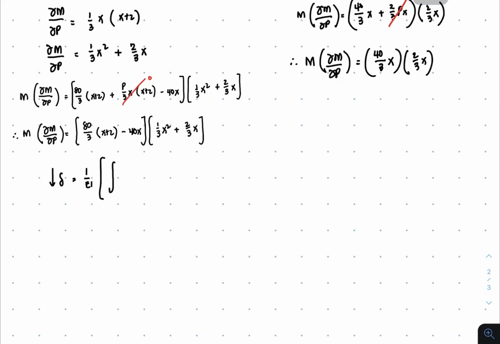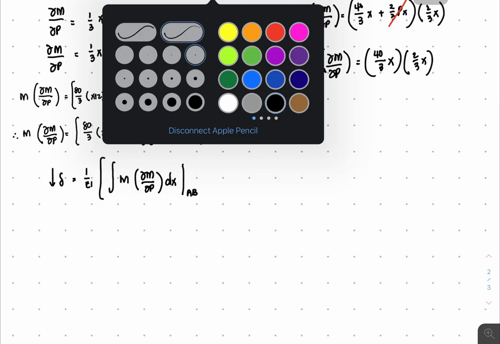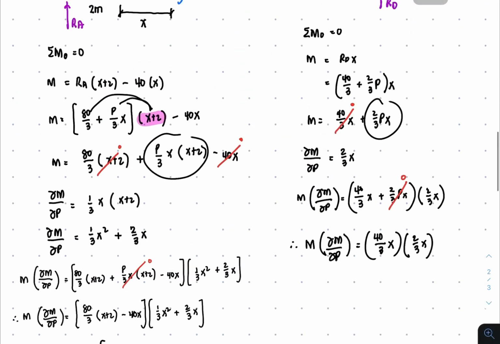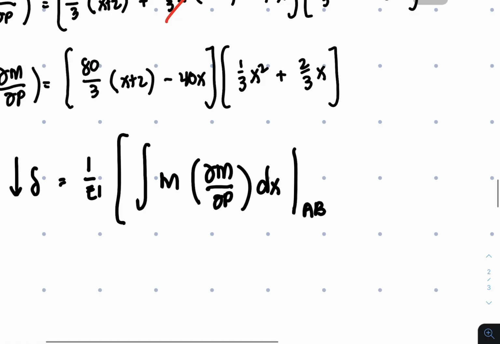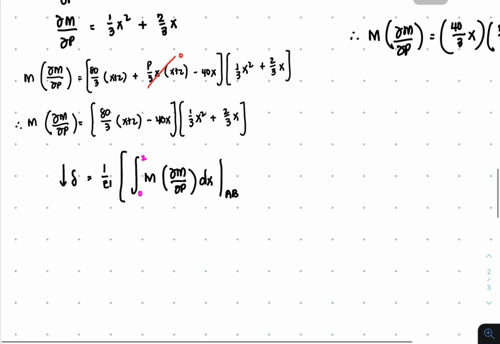So integral of M times the partial derivative of M with respect to P dx. This is for AB. Since it is AB, the limit is the length of AB. What is the length of AB? 2 meters. So the limit will be from 0 to 2.